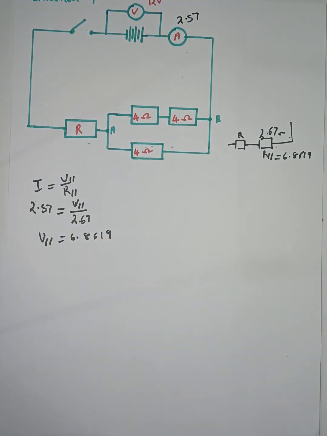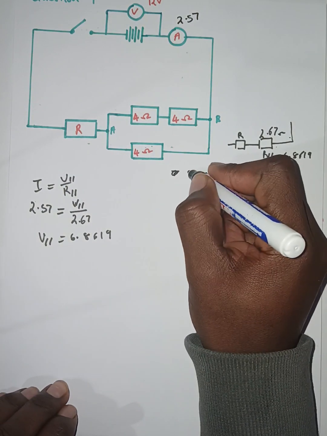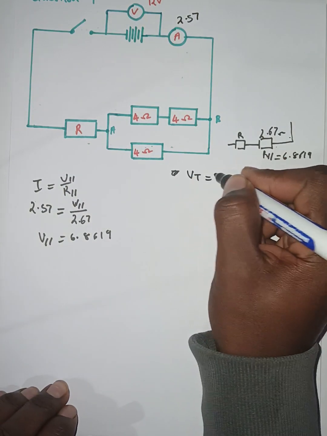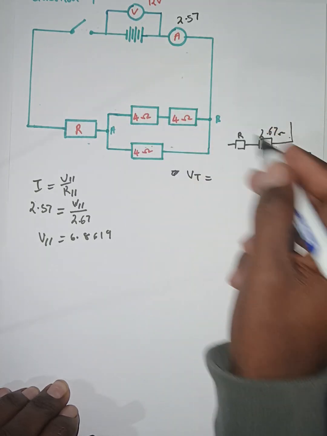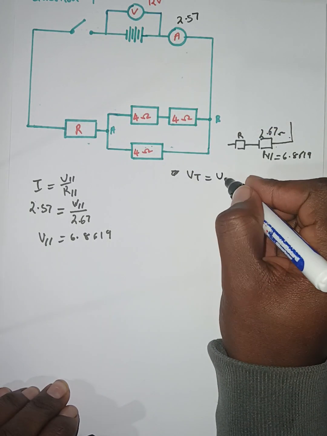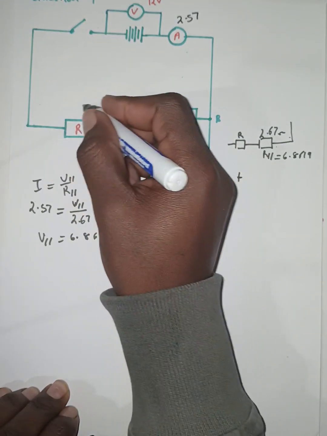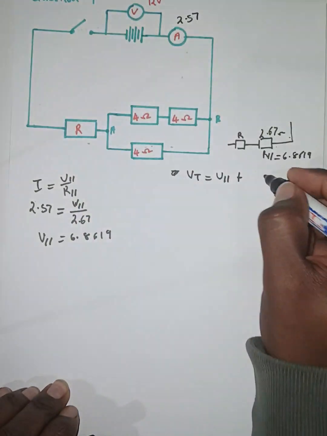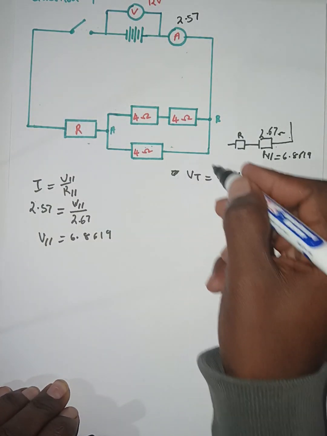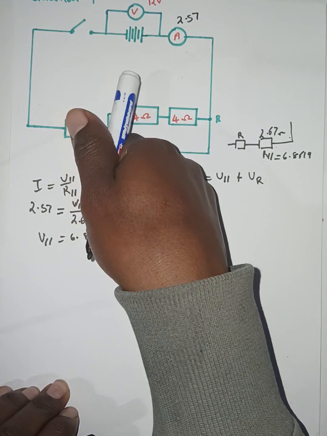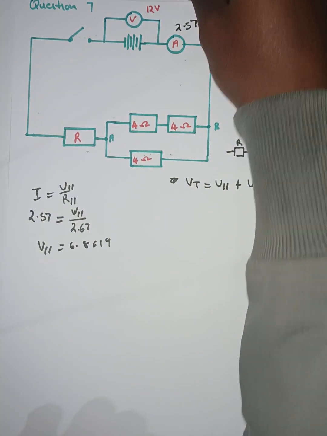So my V total would equal the voltage distributed across the parallel part, which is V parallel, plus the voltage distributed to that resistor, which I'm just going to leave as V R.